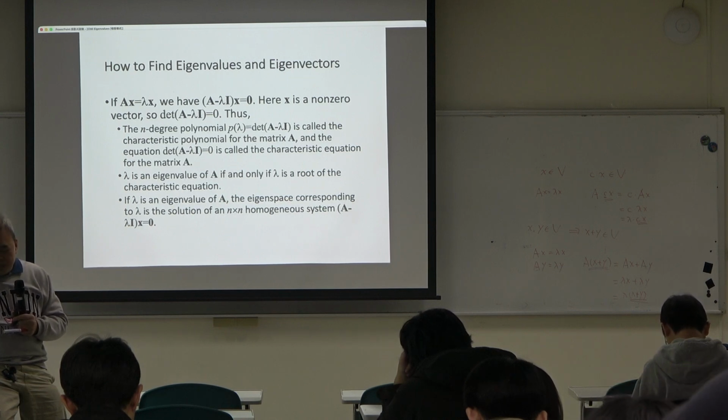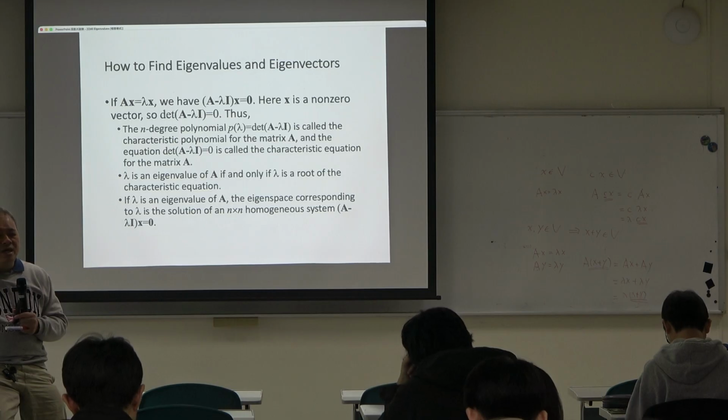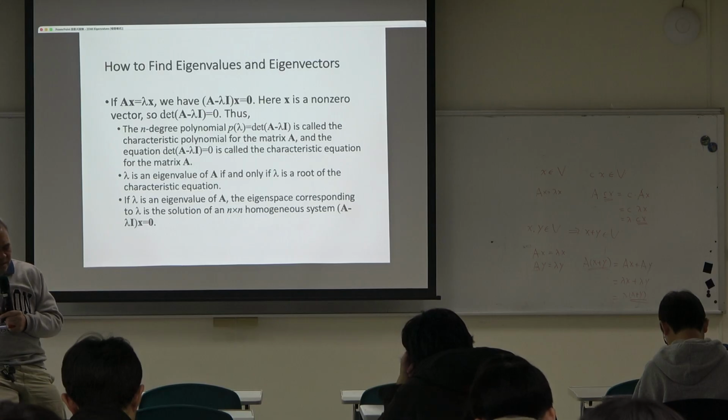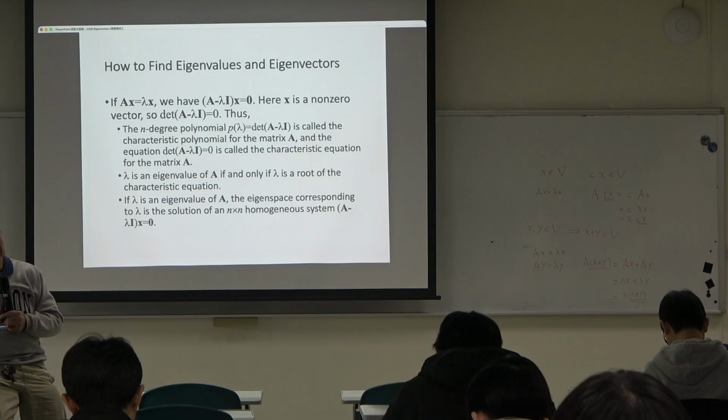So in other words, if you have a degree n characteristic equation, you should get exactly n results for your eigenvalues.